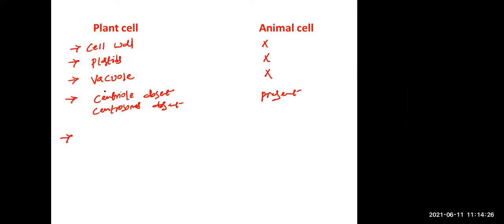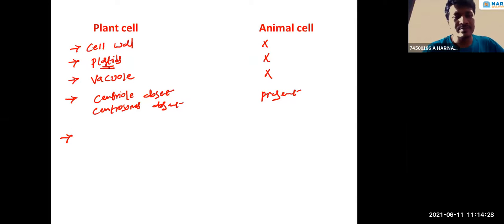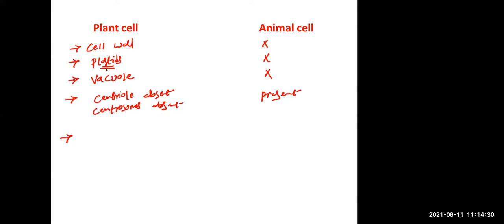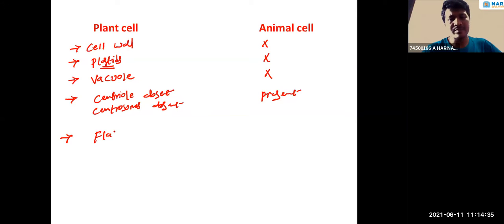Chloroplast. Yes, plastids I wrote, right? Locomotion, okay. Flagella absent here, and here the flagella is present. So this is the main difference. Especially in examination, they will ask like that.